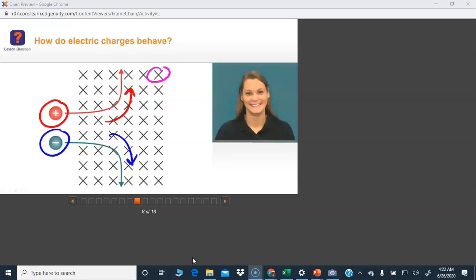So if you remember that the electric field moves from positive to negative, think of your head as being positively charged, and think of something behind your computer screen as being negatively charged. Then that would be the proper direction for these electric field lines. They would be moving from positive, your head, to the object directly behind your computer screen, which is negatively charged, and therefore you would be seeing the back of these electric field lines, and you would be seeing those X's.